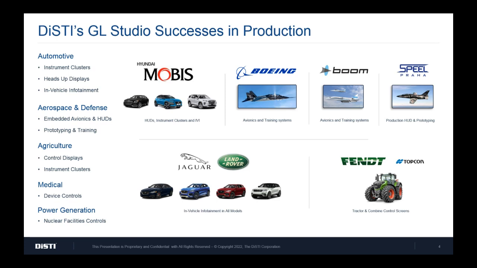For example, at Hyundai Mobis, GLStudio is used in a wide variety of different HUDs, clusters, and IVIs throughout several different car models. Additionally, Jaguar Land Rover has standardized on GLStudio, and GLStudio software is used throughout all of the IVIs and all of their lines of vehicles. And then on the safety critical side, we are using a variety of aircraft, including the simulators and ground stations for those aircraft.